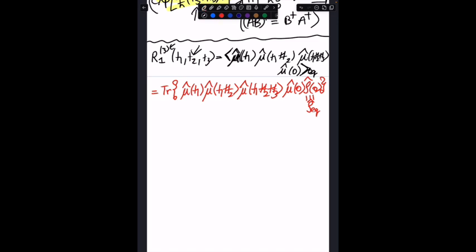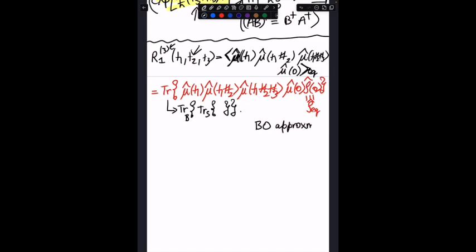And then, as I previously discussed, this trace can be broken down into a trace over your path and then a trace over your system. So you first perform a trace over your system states, and then you can perform the trace of the resultant expression over the path states, because the dipole operators are only functions of your system states and are independent of the path under the Born-Oppenheimer approximation.